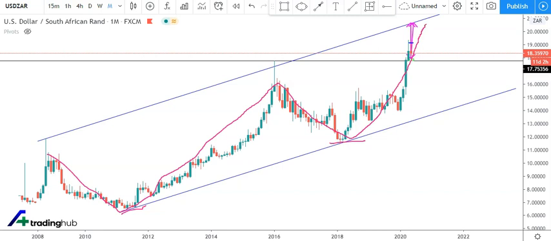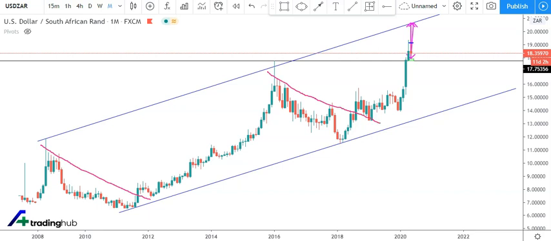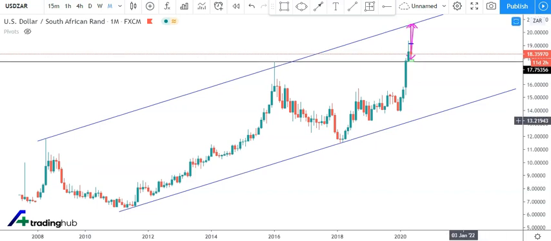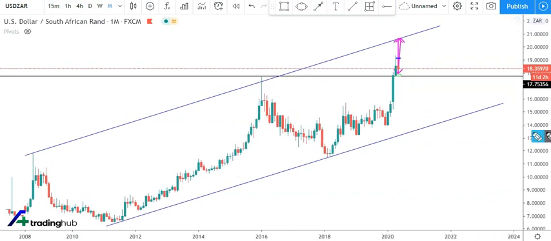So we get to see price breaking out and retesting, breaking out again and retesting, then pushing up, breaking out and retesting, pushing up, and now price is currently here. I expect price to tag the trend line resistance, this other part of the trend line, before the next drop.